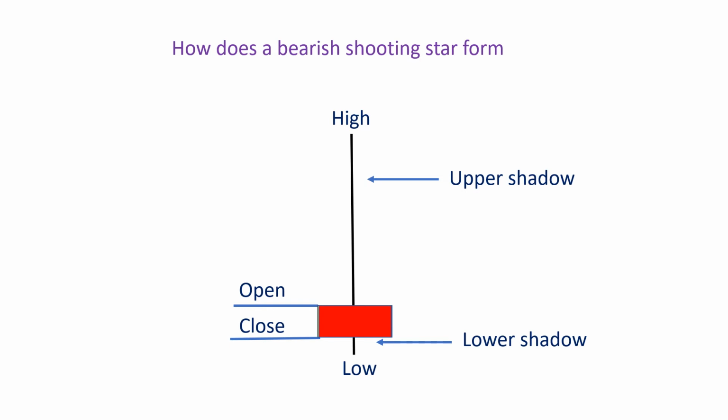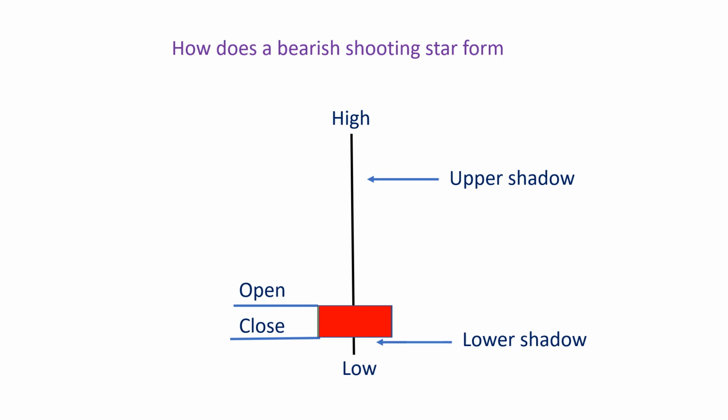If this candle, no matter bullish or bearish, appears at the top of an uptrend, it signifies that the uptrend is near the end, or we have a possible downtrend reversal. As you see, when the market opens, buyers begin to control the market and continue pushing the price higher.